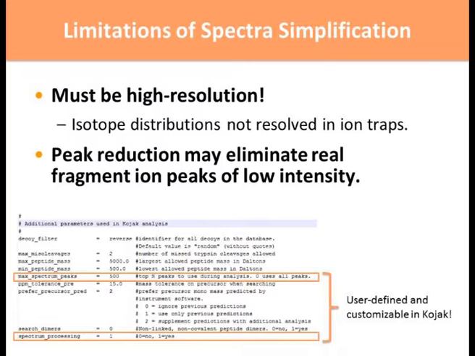And therefore, for these reasons, all of this spectral refinement is parameterizable, so customizable within Kojak. You can actually change the number of peaks you want to keep in your analysis, and 0 to use all peaks, or you can turn off spectral processing if you have low resolution data. So Kojak is smart enough that you can change your analysis to suit your data needs.